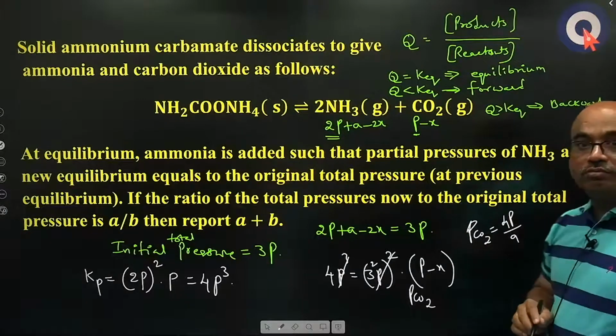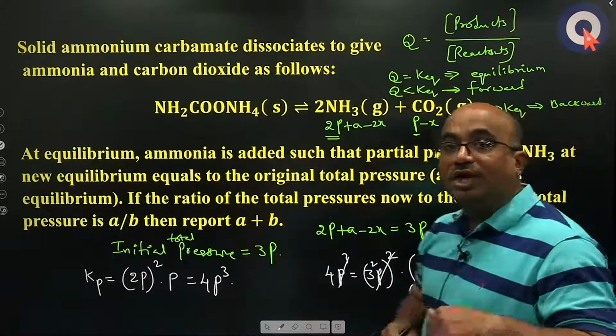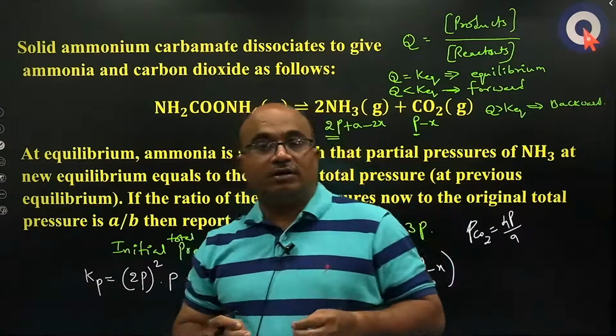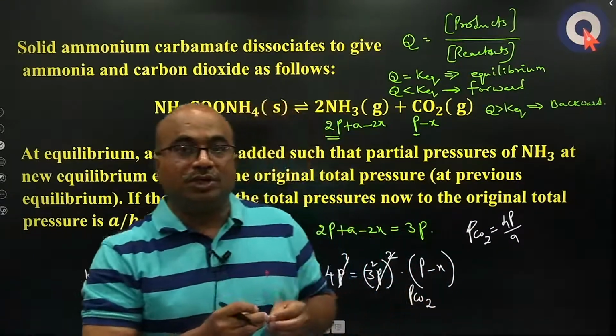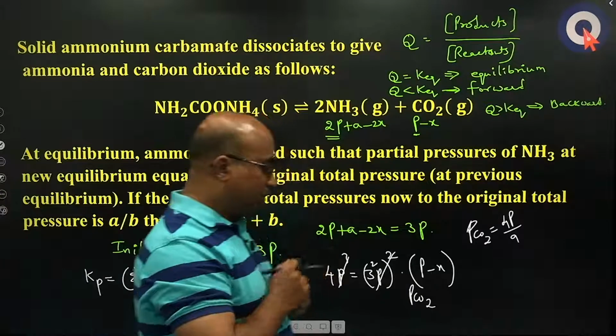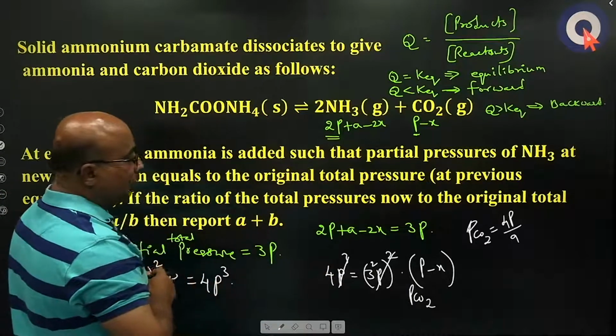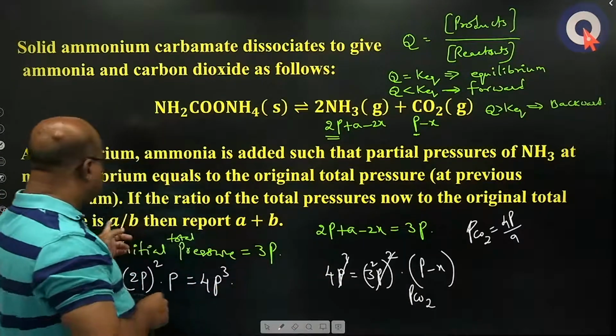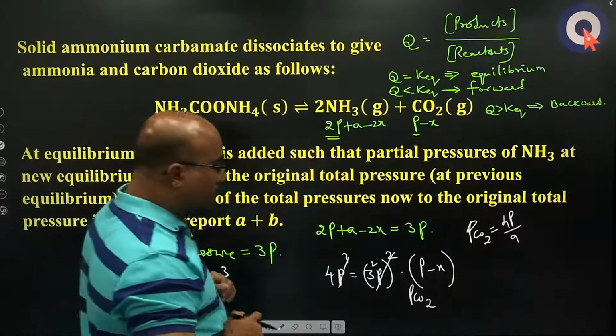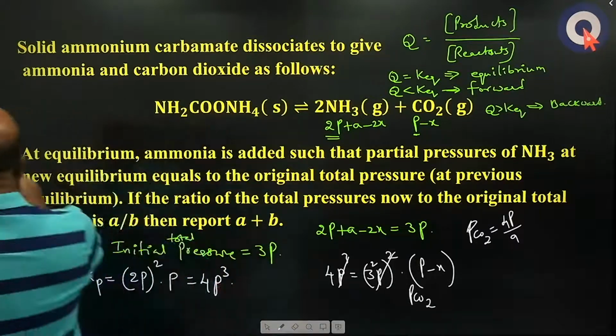So now what we need is the ratio of new equilibrium pressure to original equilibrium pressure. So what is that ratio? Let us say it is A by B. Let us see, we had a space here, use that.